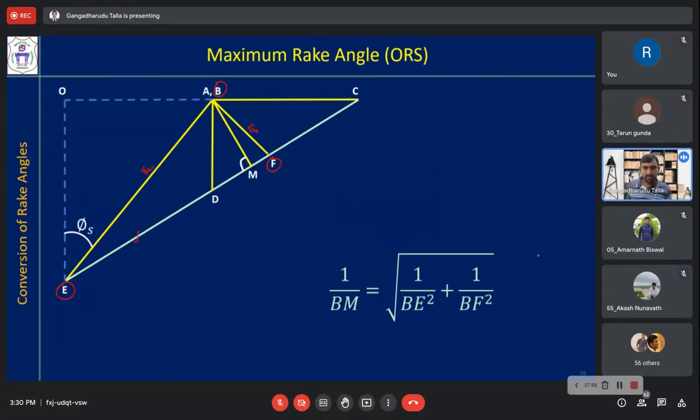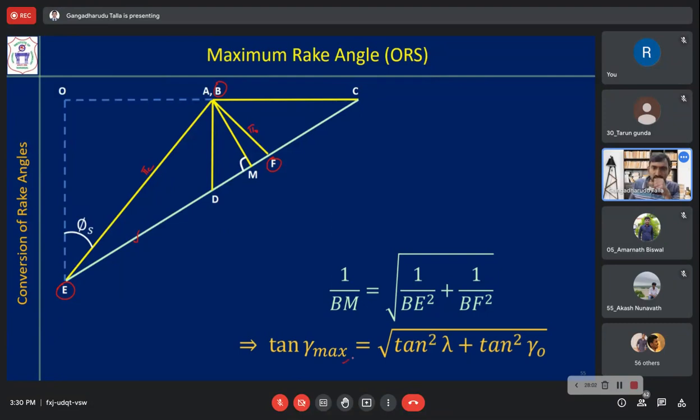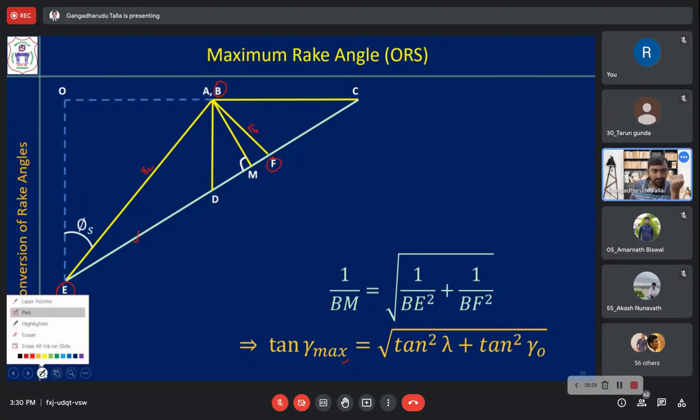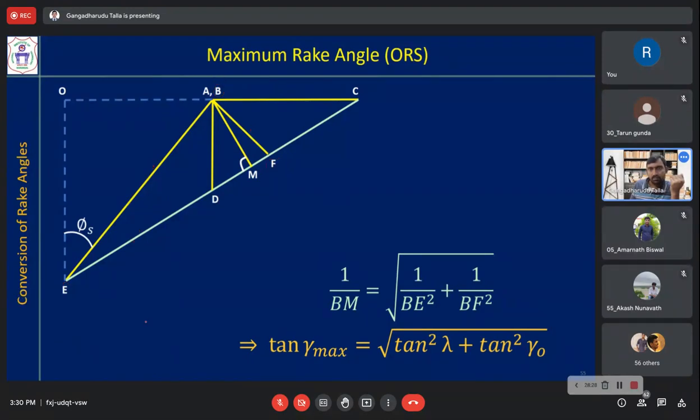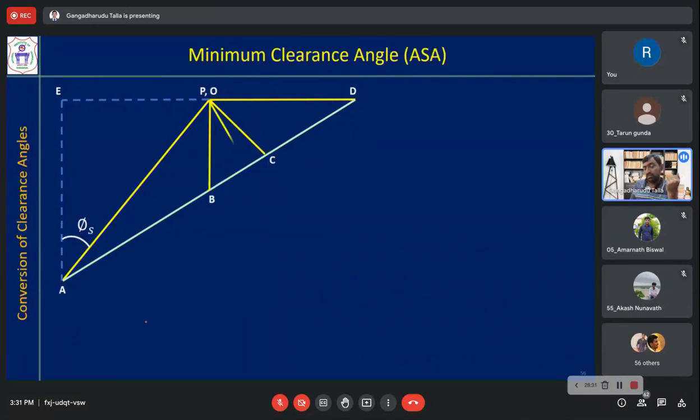Again you will get 1 by BM, which is tan gamma max, equal to the square root of tan square lambda plus tan square gamma. Of course, in 3D you have to see the lambda angle. So we have seen the maximum rake angle case for ASA and ORS systems.